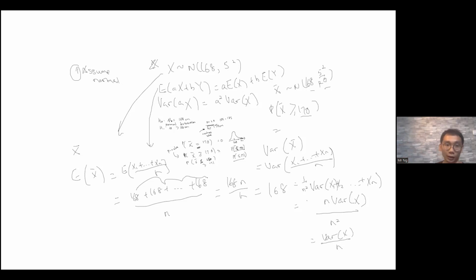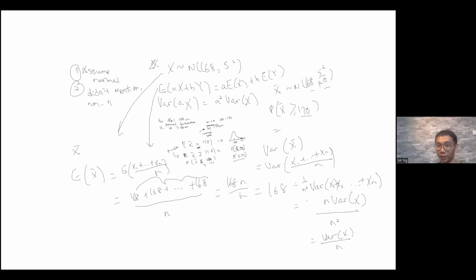The second scenario is when they never say anything, didn't mention, or they say it's some non-normal distribution.